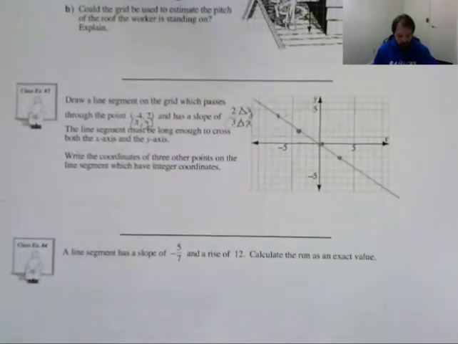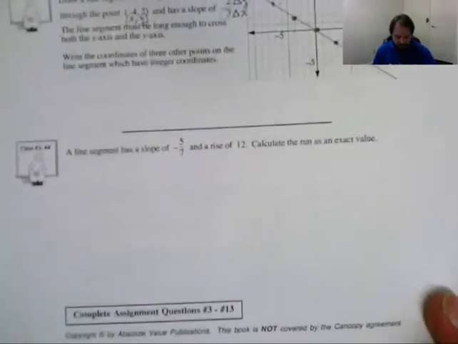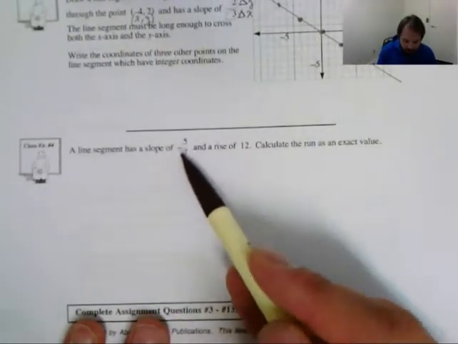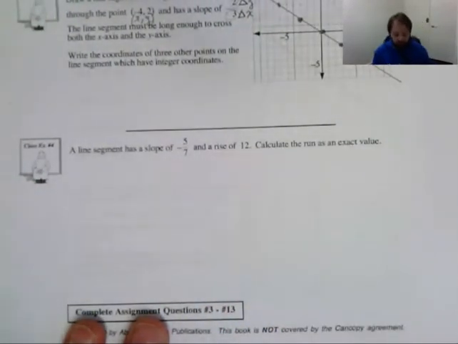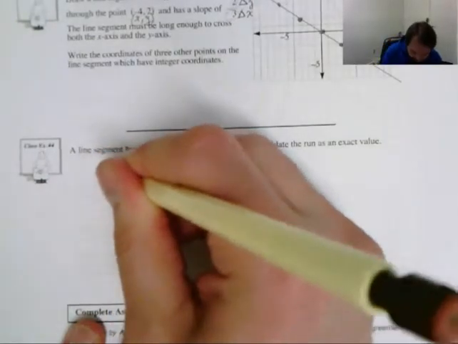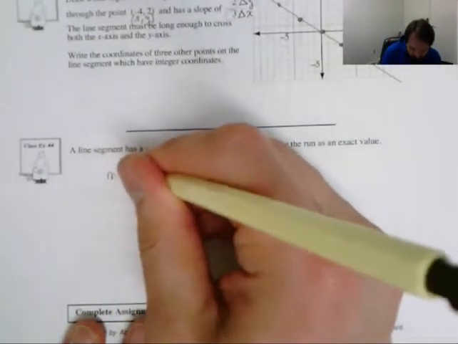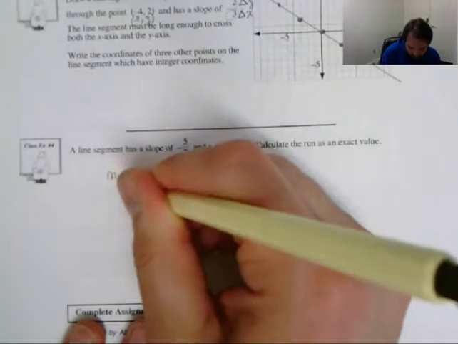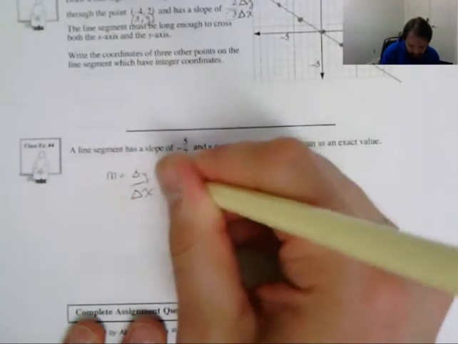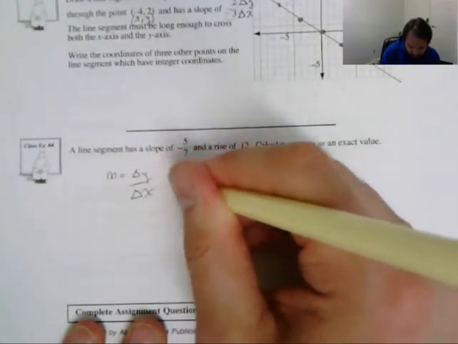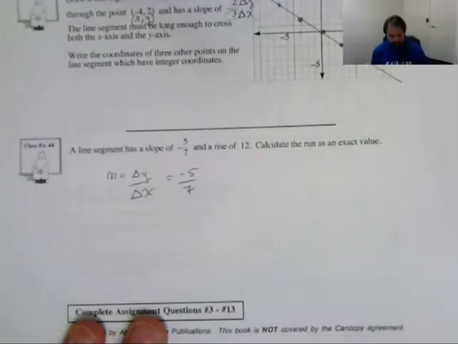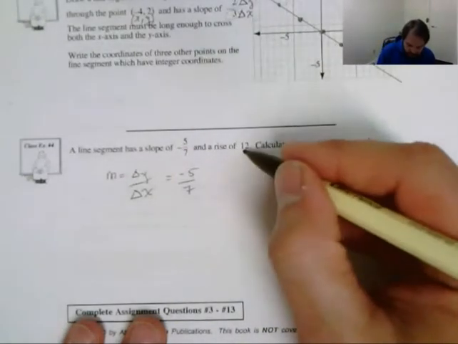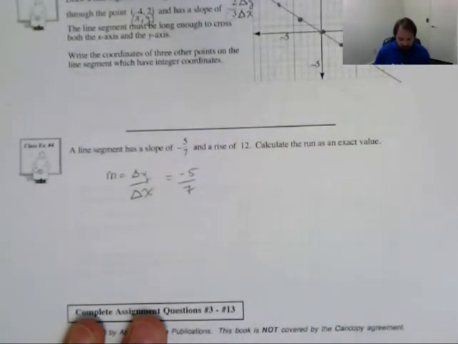Now our last question here is a line segment that has a slope of -5 over 7 and a rise of 12. So let's look at this again. My slope is equal to change in y all over change in x, which is equal to -5 divided by 7. Okay? Now, it's saying we have a rise of 12.